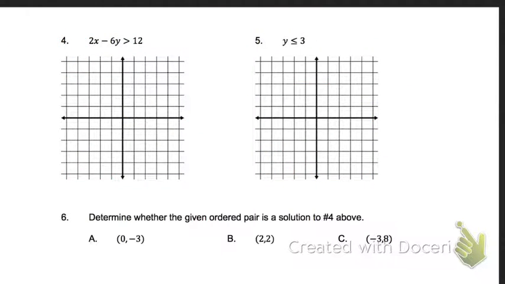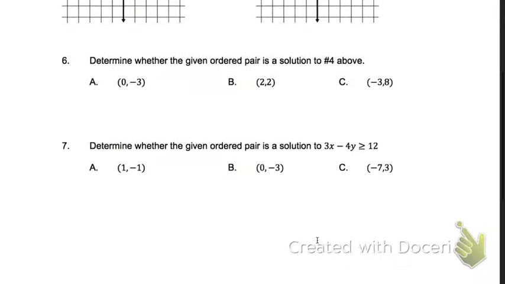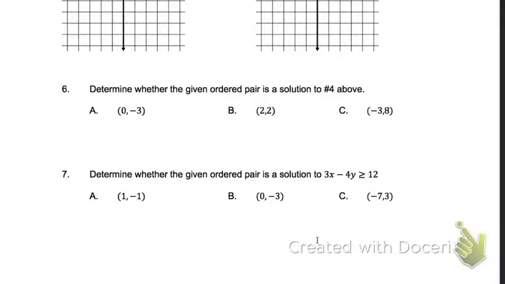Okay, number 6 and 7. Just deciding whether something is a solution is you're plugging it into the equation. So all you have to do is plug in the ordered pairs to the original equation.